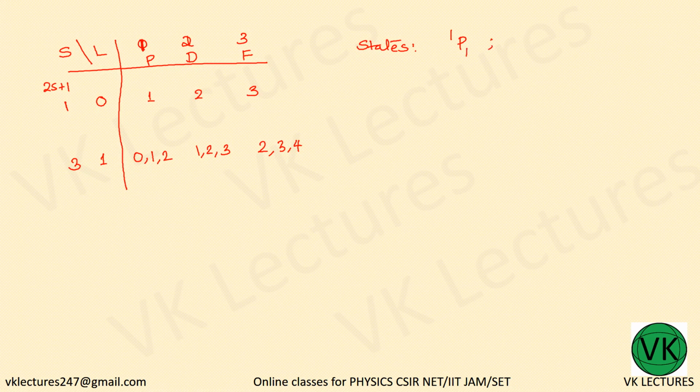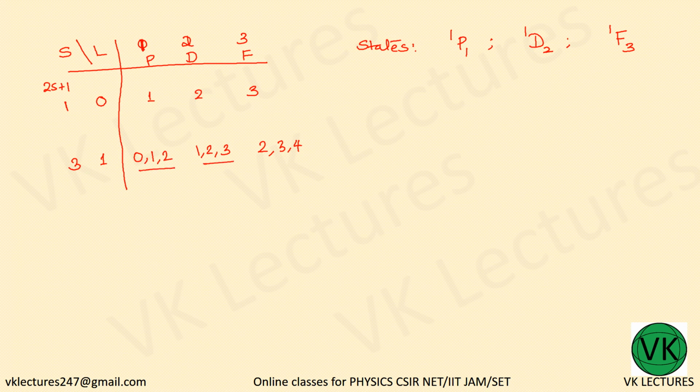Then you have D, D again it is 1, but here you have 2. Okay. Now F, again 1, this is 3. Now you can say the singlet states of P, D and F with LS coupling are 1, 2 and 3.